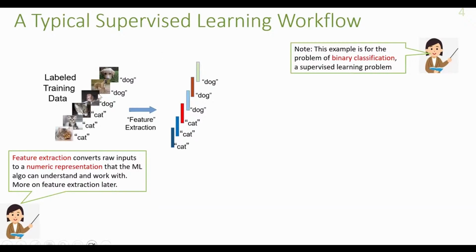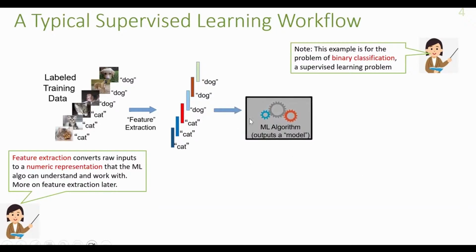So since here we are dealing with images, the raw data we are having is in the form of images. So we will extract features from these images, and these features are nothing but the numerical representation. These features are nothing but the vector that machine learning model can understand, right? Okay.